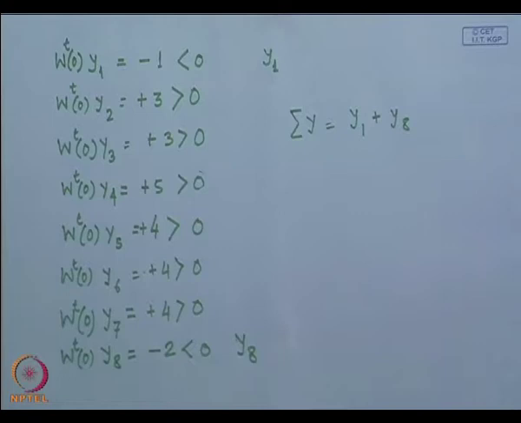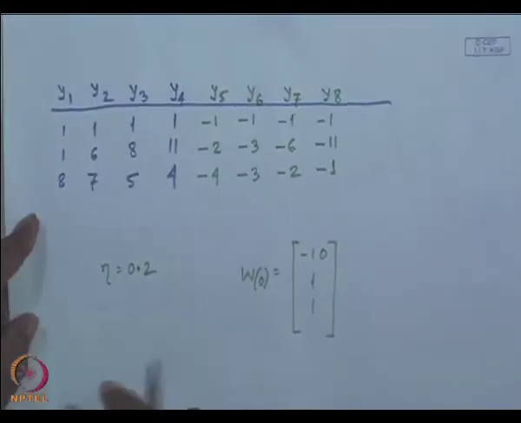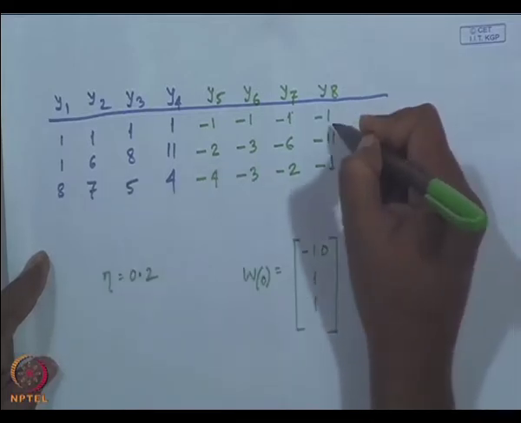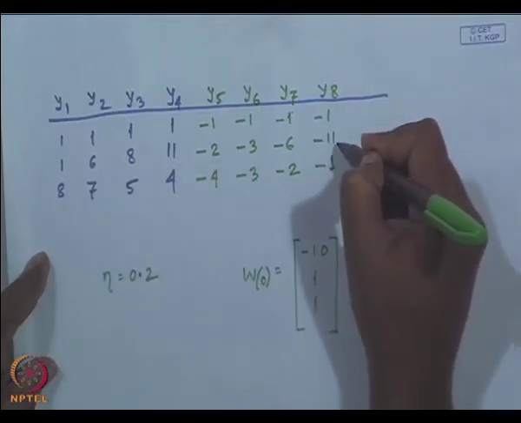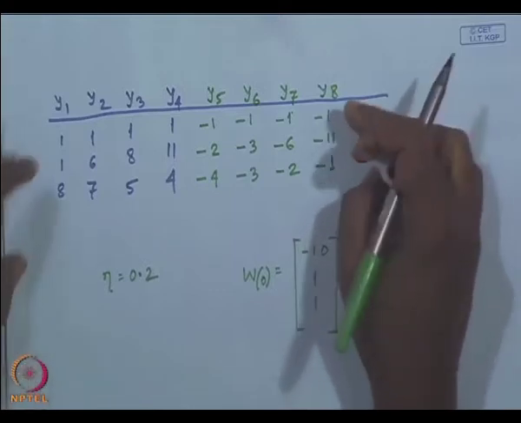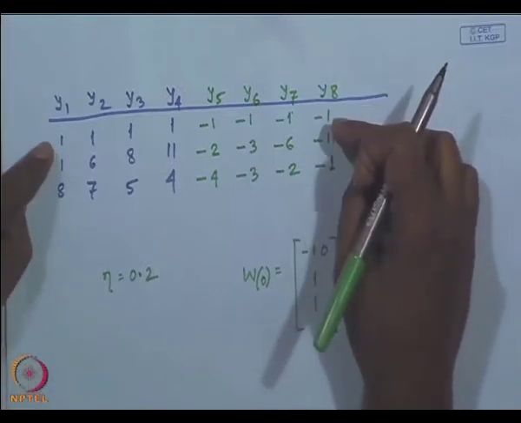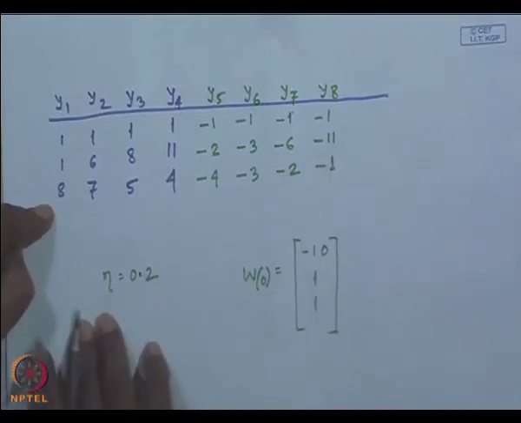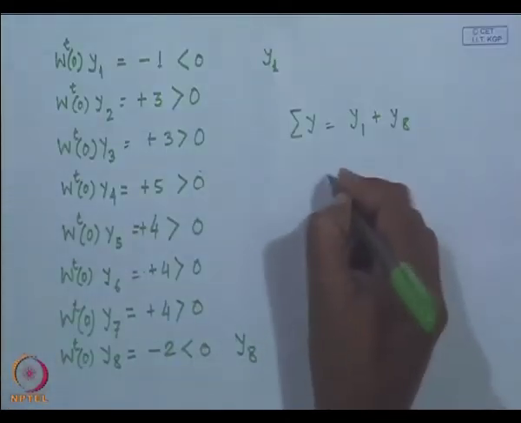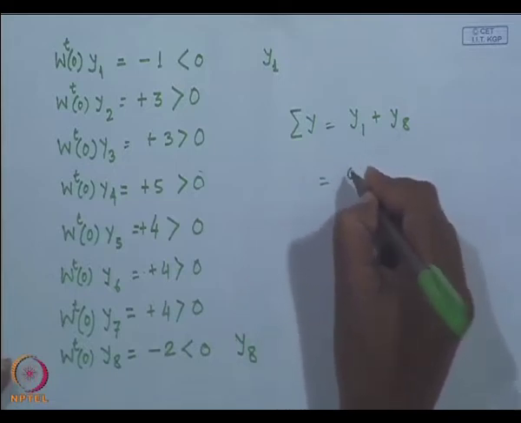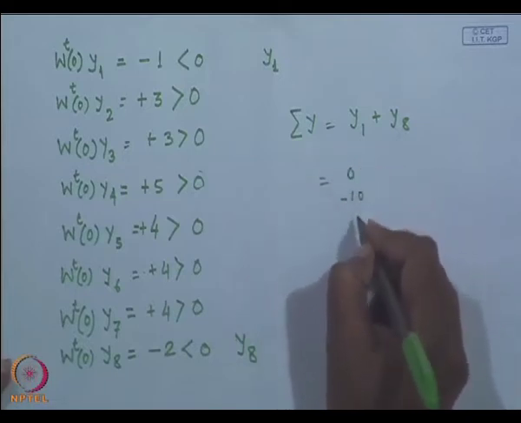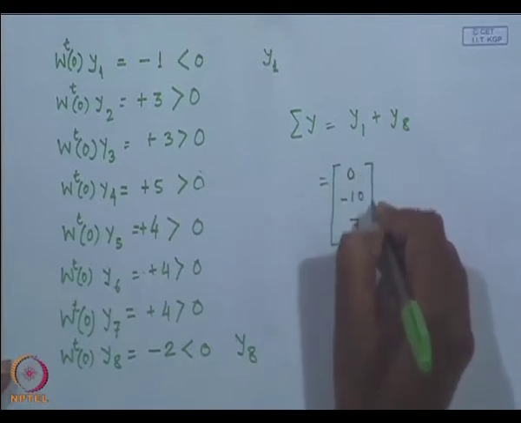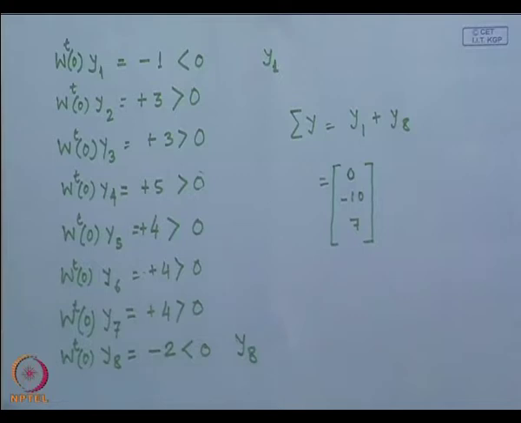You look at these samples: y 1 is 1, 1, 8 and y 8 is minus 1, minus 11, minus 1. If I add these two, what I get is 0, minus 10, 7. So, the sum of y, which are misclassified, is nothing but 0, minus 10 and 7.